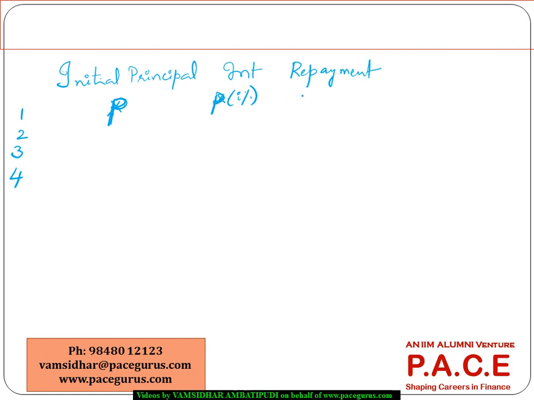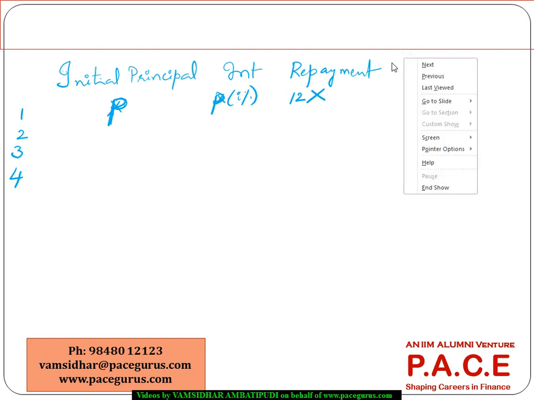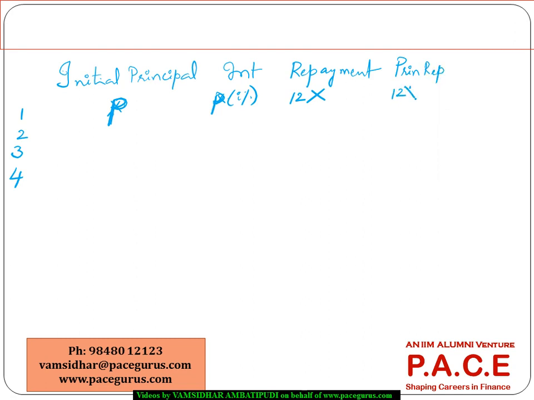But I am doing a repayment for that period which is X or probably 12X, depending on whether I am doing a monthly or yearly payment. So the principal repayment is nothing but 12X minus P times I%, whatever we have got.